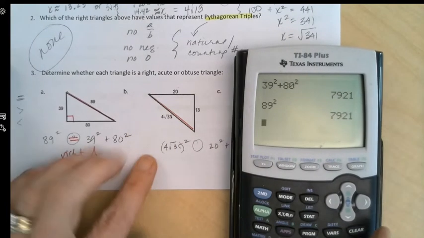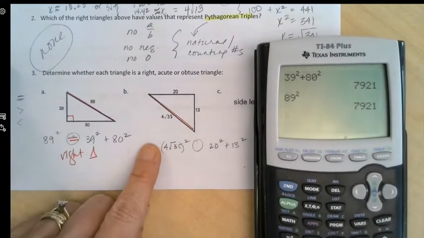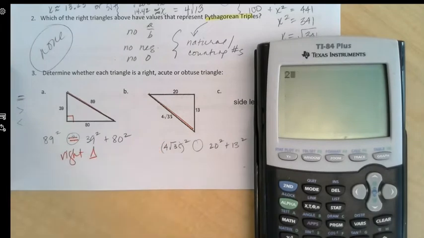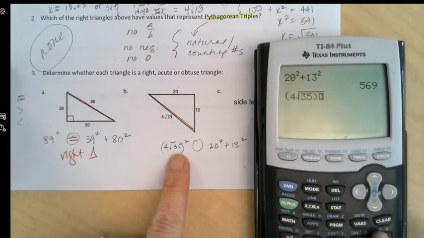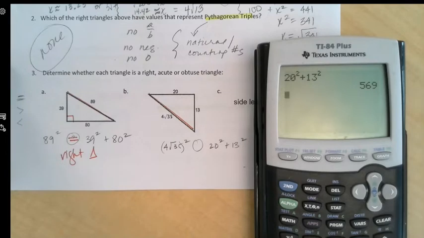All right, let's talk about B. When I go to try this one, I'm going to take 20 squared and add it to 13 squared. I get 569. Parentheses, 4 times the square root of 35, squared. Oops, darn it, I was trying to get it so you could see it. 4 times the square root of 35, arrow out, close your parentheses to the second power.